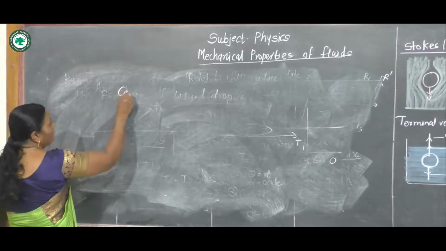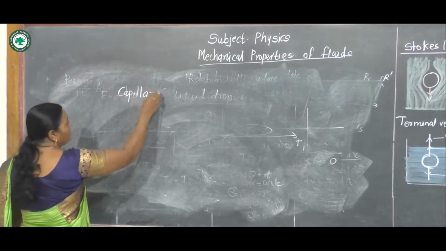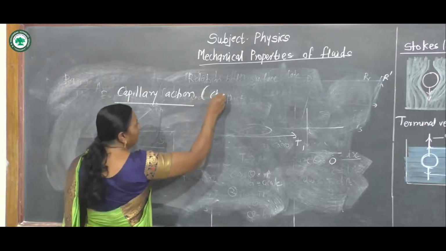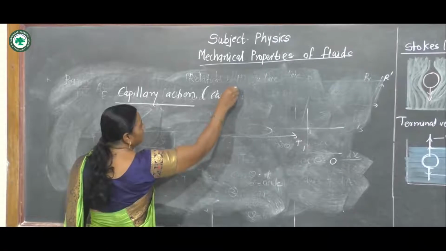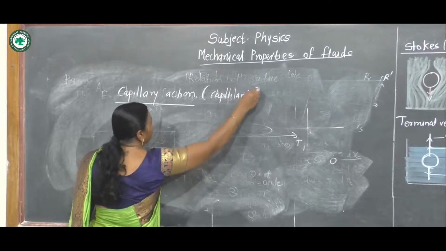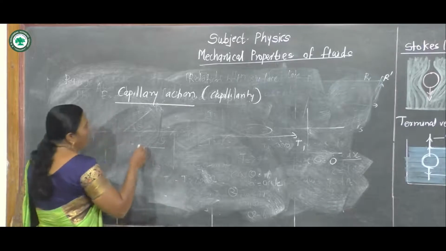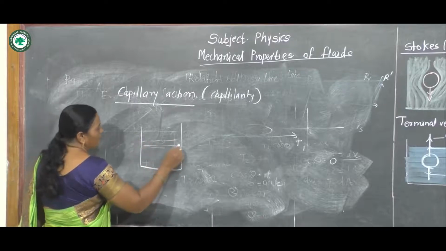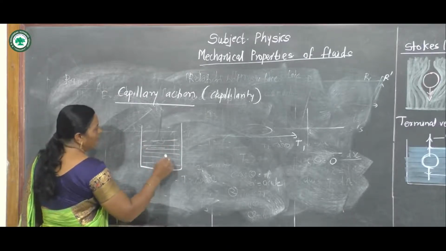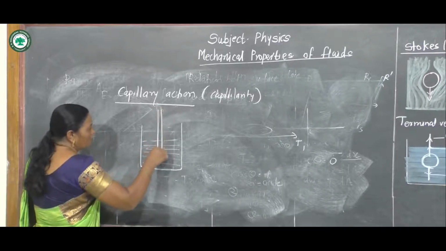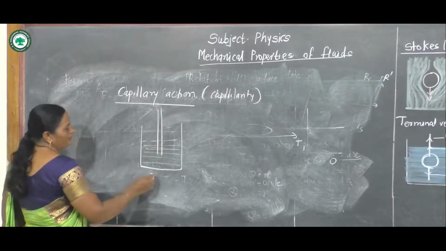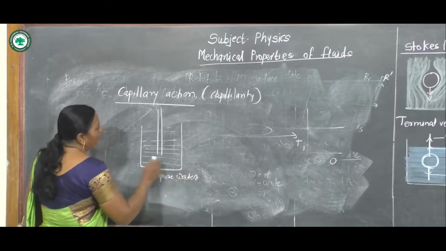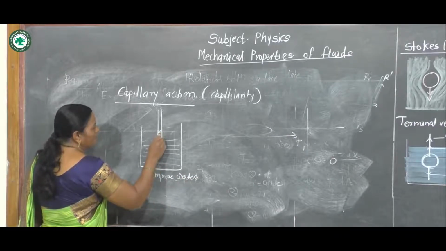Capillarity or capillary action. Then see, in case of kerosene or impure water, suppose this is the kerosene that partly wets the solid, and suppose the capillary is dipped in this liquid, the liquid rises in this capillary.